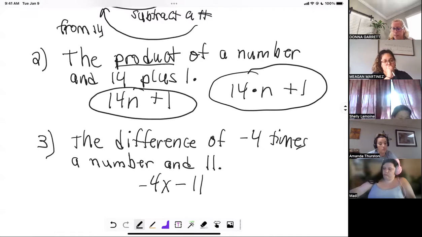The difference of -4 times a number and 11. How do we do?